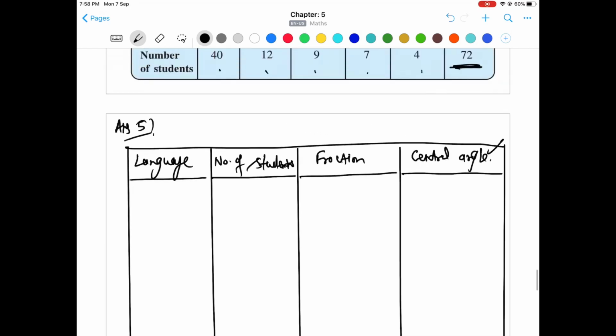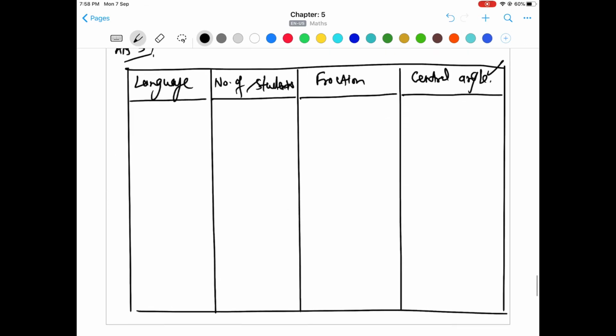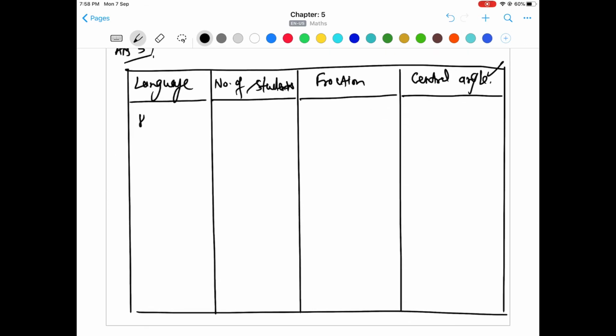So the languages here are Hindi, English, Marathi, Tamil and Bengali.